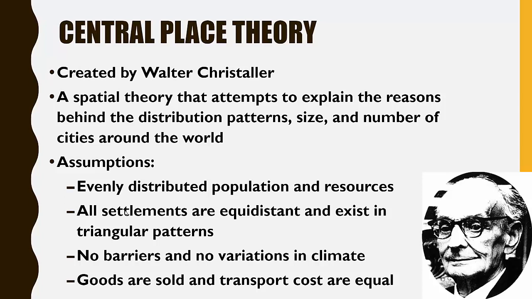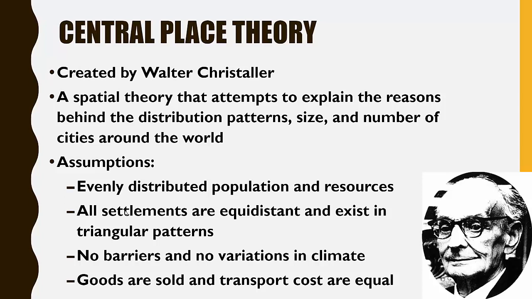All right. He assumed all the settlements that he would be using in his model were equally distant from one another. All right. And he said they tend to exist in triangular patterns from one another. Now, we know the layout of cities doesn't reflect that specifically, but we can still use that model and apply different places to it.